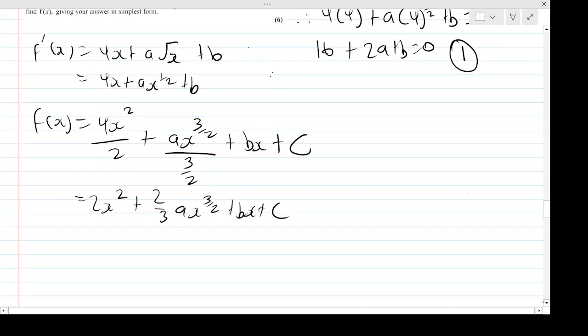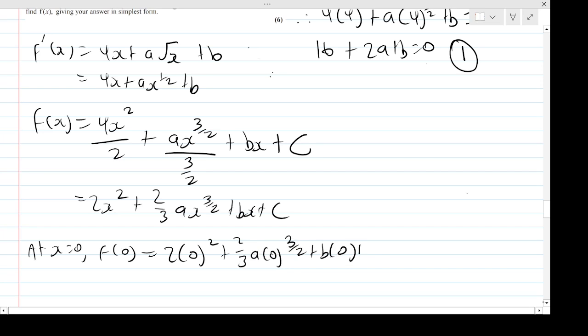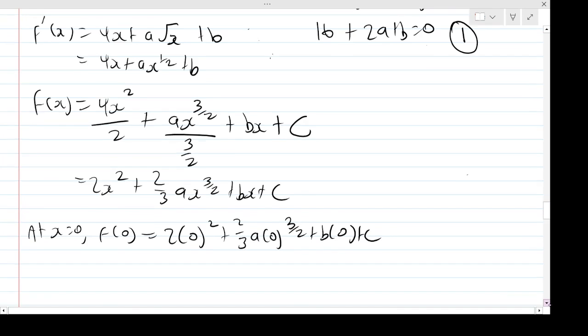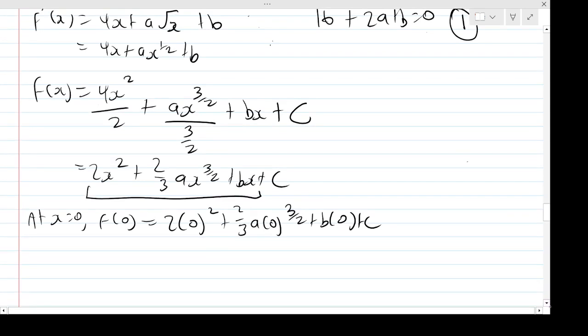So I'm going to substitute that in. At x is 0, f of 0, that's my function at x is 0. If I substitute x is 0 in, I'll get 2 lots of 0 squared, add 2/3 of a lots of 0 to the 3/2, add b lots of 0, add c. Everything apart from c here has an x, so all of that goes to 0, and I'm left with just c.